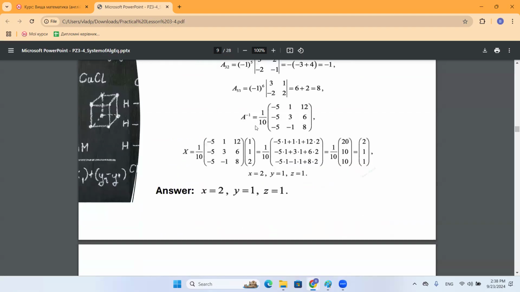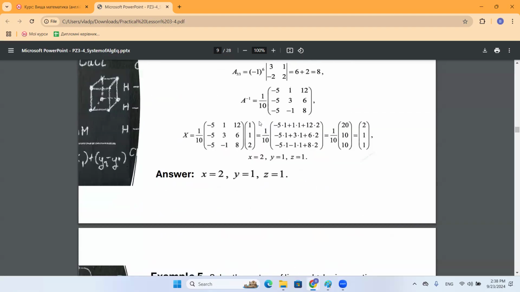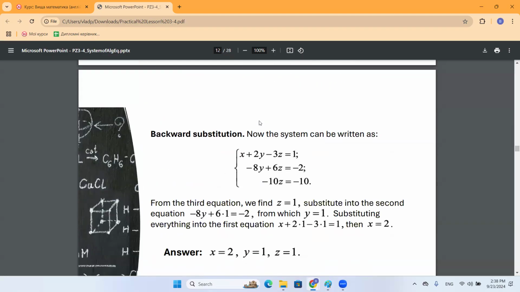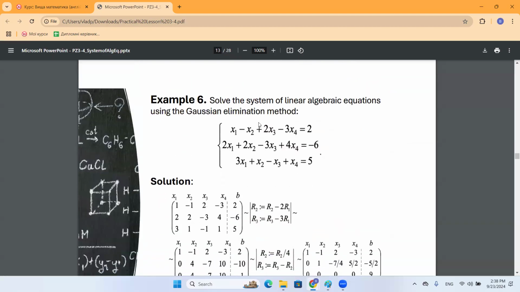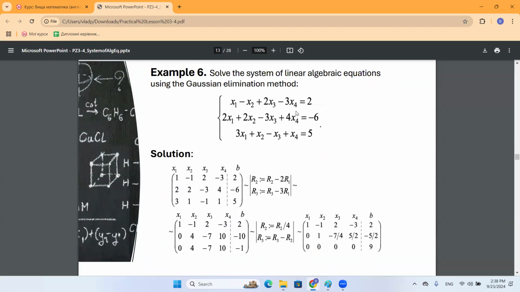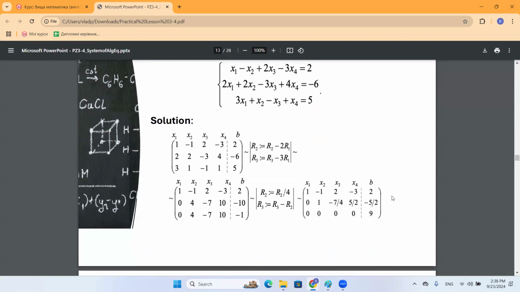By the way, let's just look at exercise 6. So here we have 3 equations, but 4 variables. And we use the Gaussian method as well.